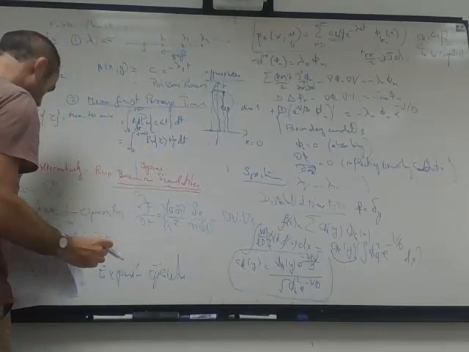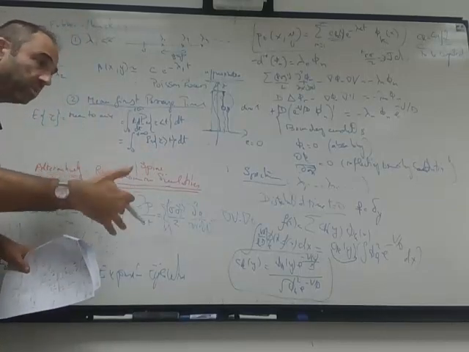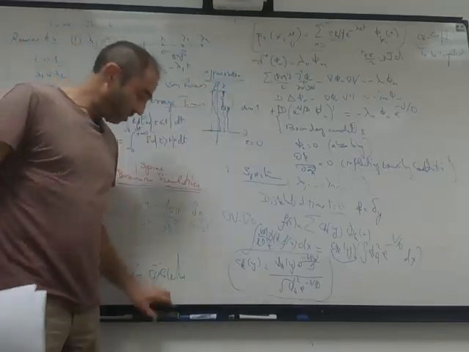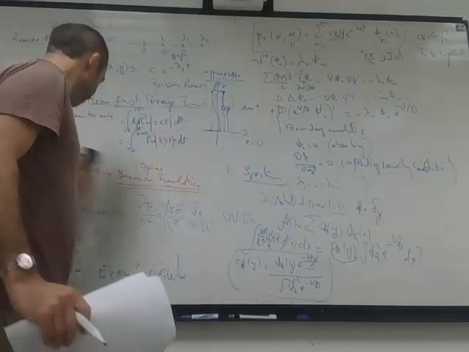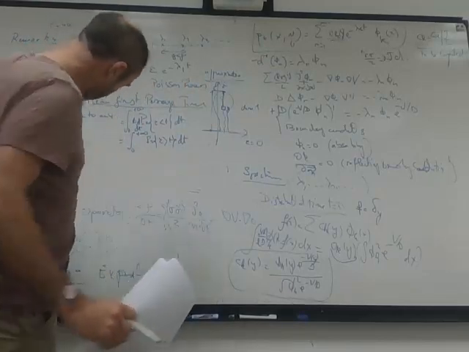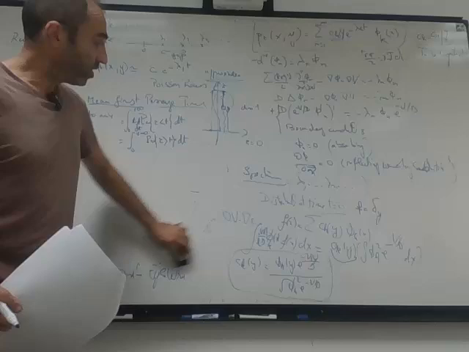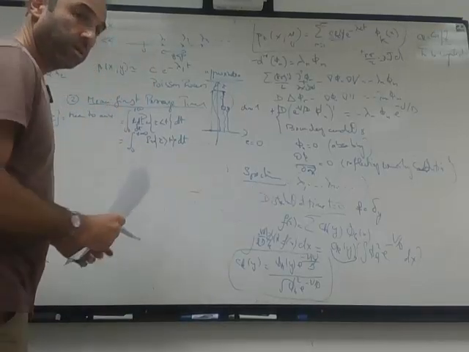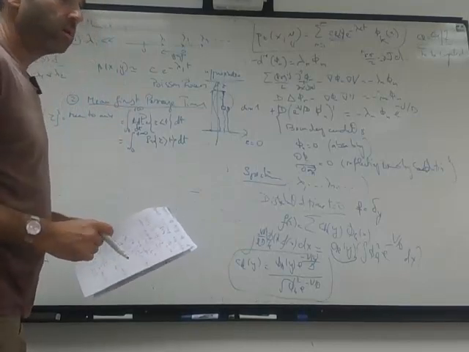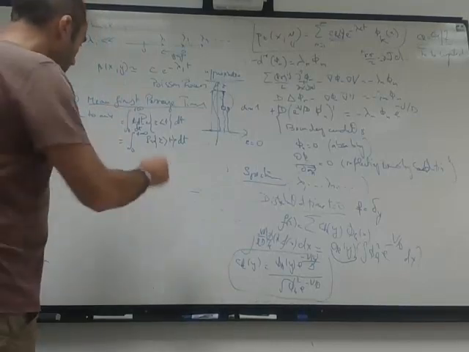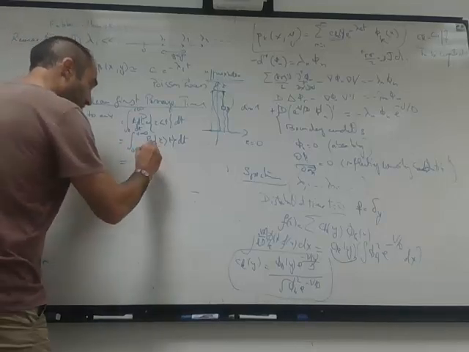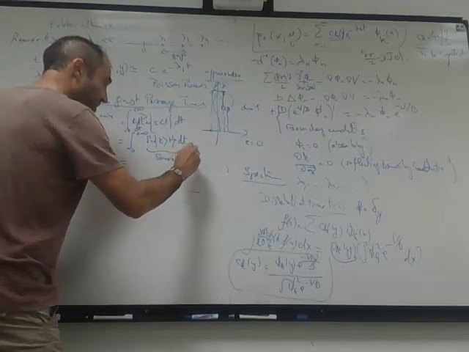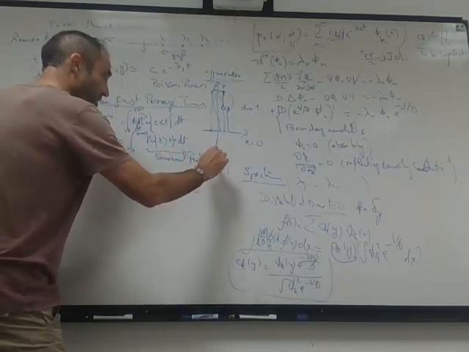This is the probability that at time t you still have a particle in the domain. So now how do you connect this to P? This is called the survival probability. What is it?